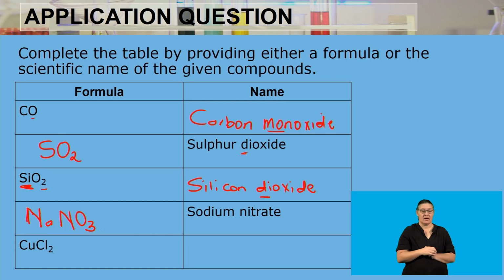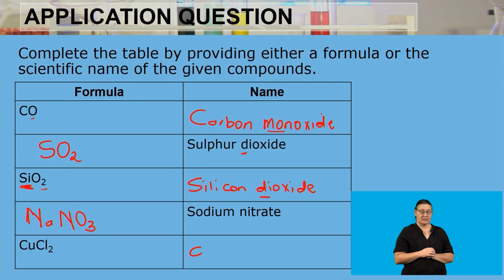Our second one is our non-metal, chlorine, and remember, it must change the ending to IDE. So therefore, this is going to be copper chloride. So that's what we have up to this point.